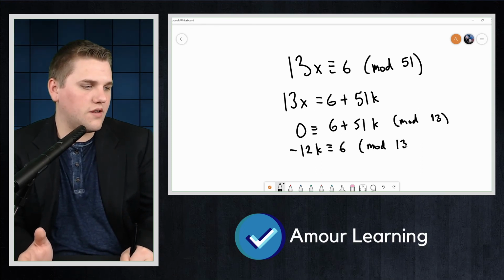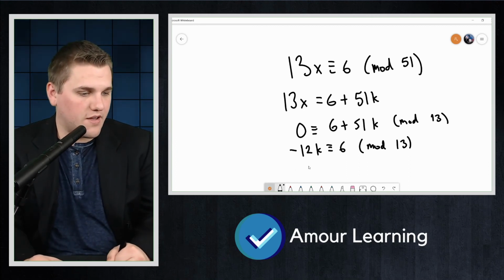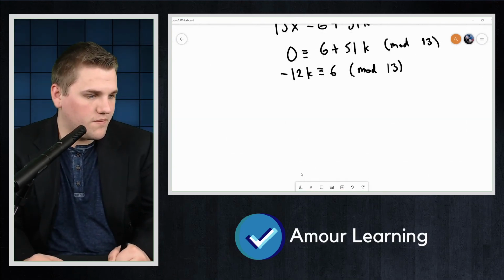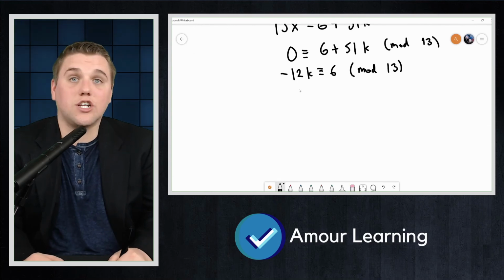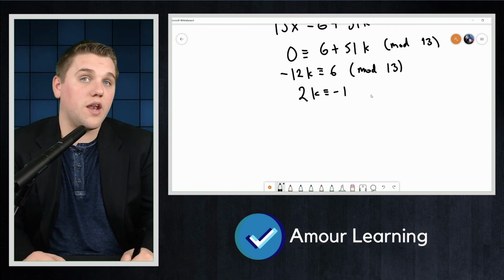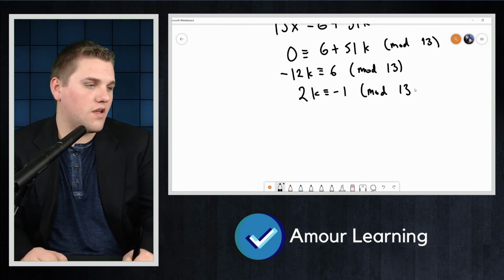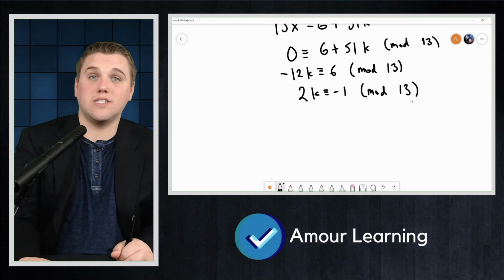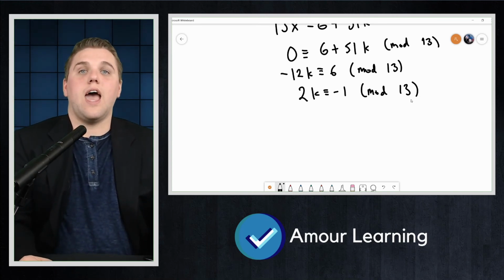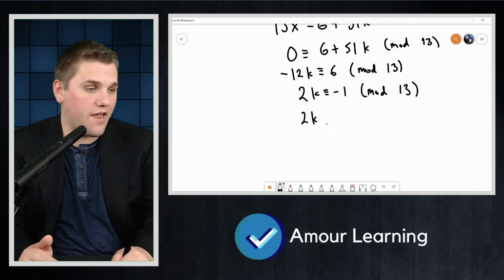And again, we're reducing mod 13, which means that 2k equals negative 1 mod 13. And so 2k equals 12 if we add 13 on the right side.